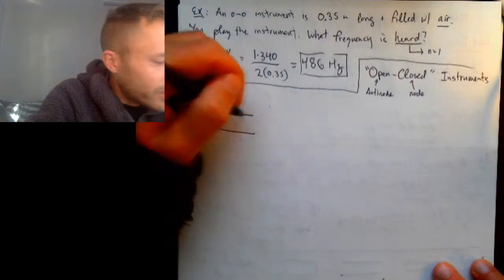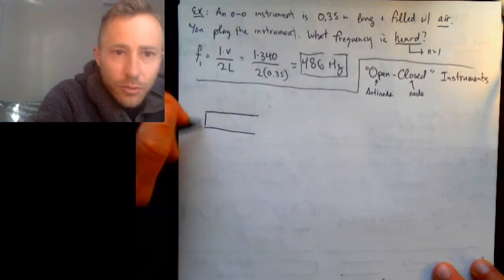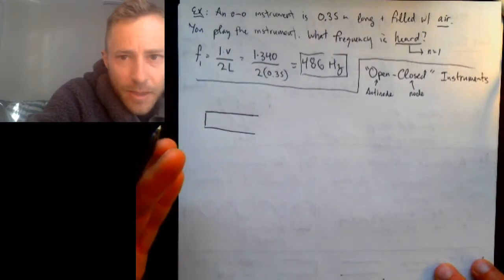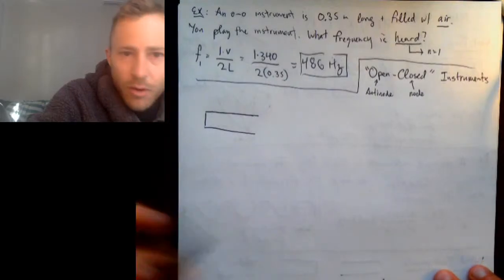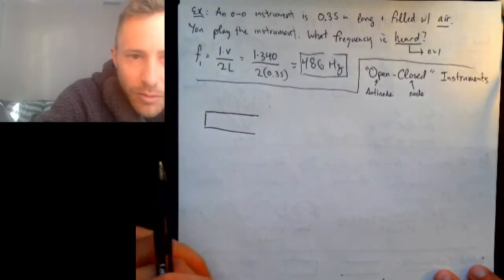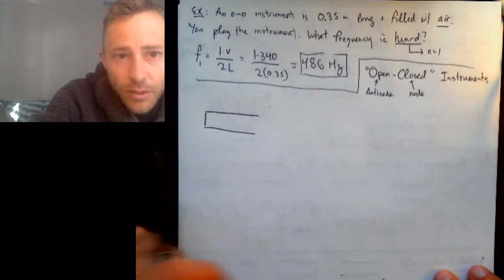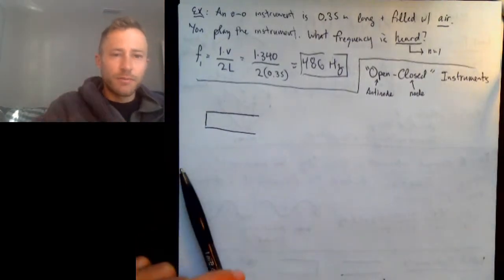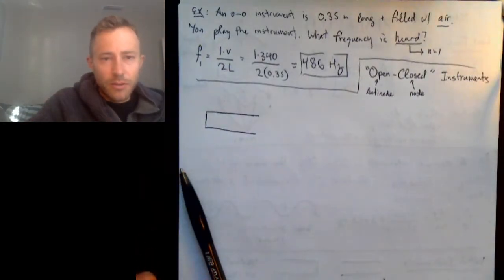Okay, so kind of like a tube, and it's closed at one end. So I would say most wind instruments are open-closed. For example, a flute is capped off at one end, so a flute would be an open-closed. You've got, what else?